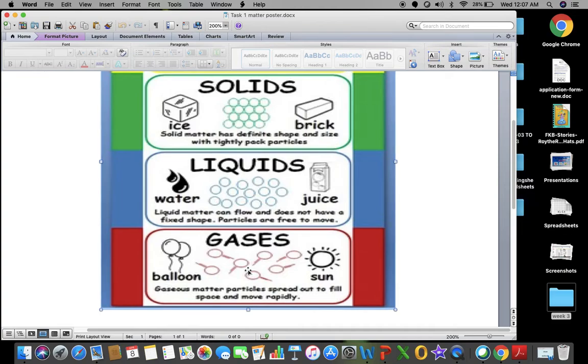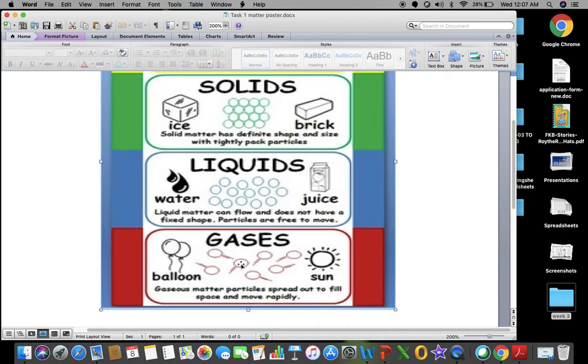That's the reason a gas can occupy the whole room and it spreads very fast. So you can see how the molecules are arranged in the gas. As we all know, they can fill a room, helium can fill a balloon, air can fill bags, and they are really spread apart as you can see in this diagram.